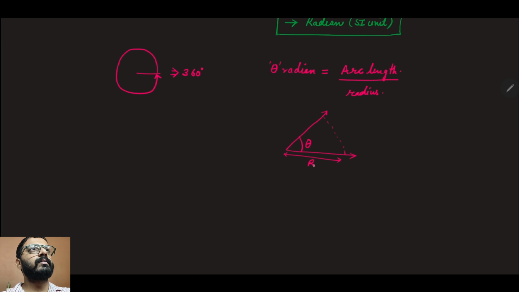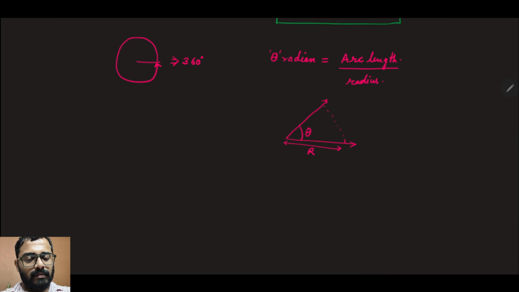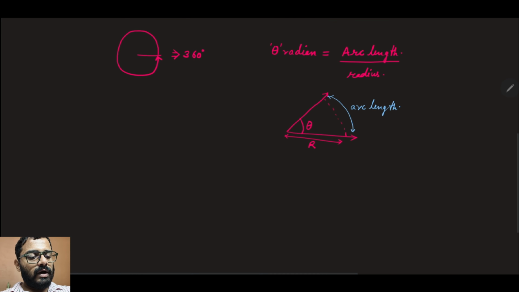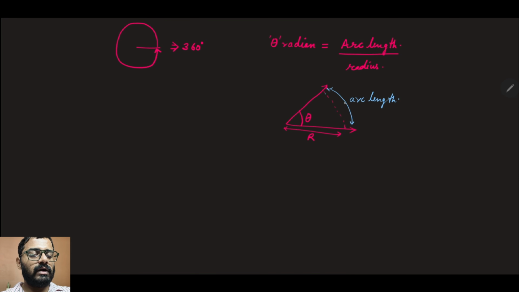This part of the circle has some length, and we are naming it the arc length. Arc length we can find using a thread or something. So practically we can find this arc length and we will have the radius also. If you want to find theta in radian, what you need is arc length divided by radius, and that will give you the angle in radian.